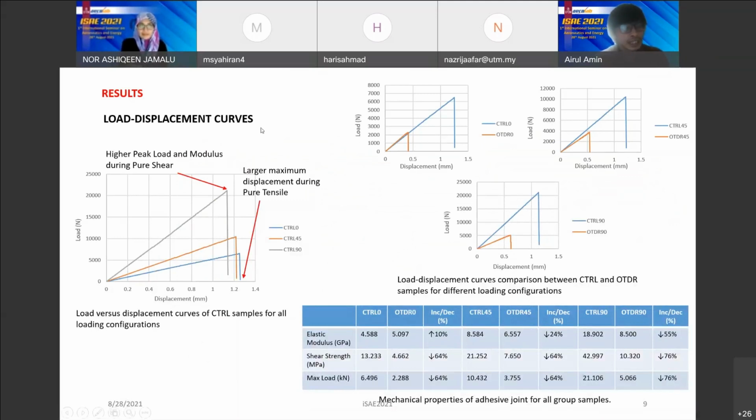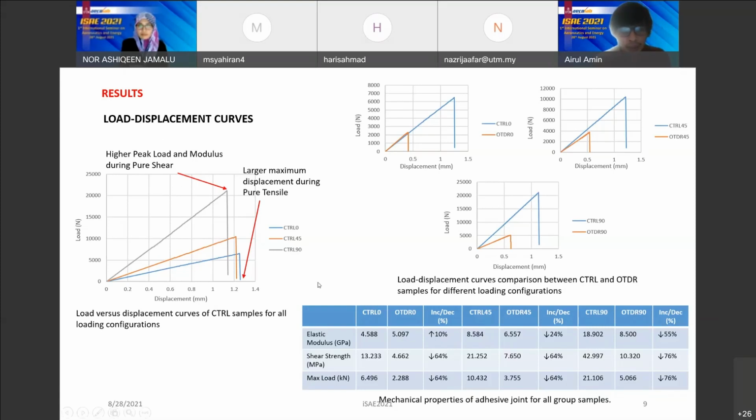Moving to results and discussion. Since most epoxy adhesives are brittle in characteristic, their load displacement response when applied to an adhesive joint also follows brittle behavior, and Sikadur 330 is also not an exception.